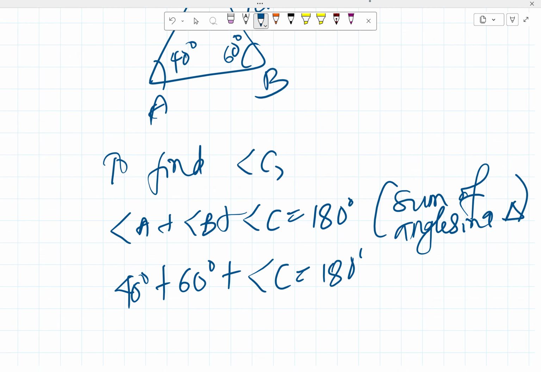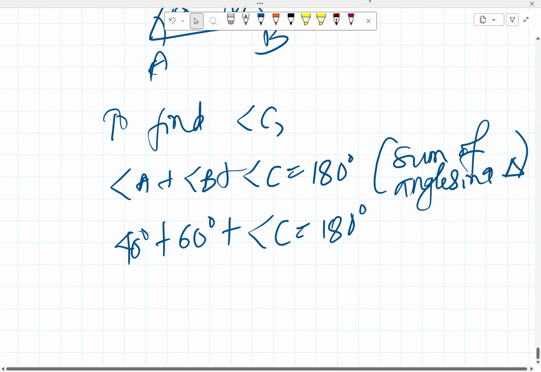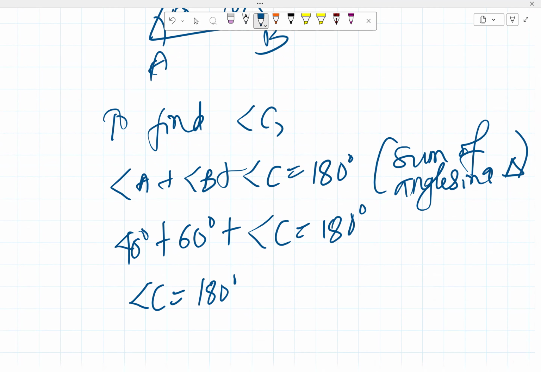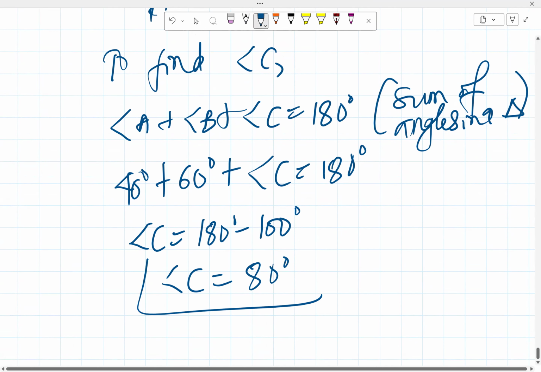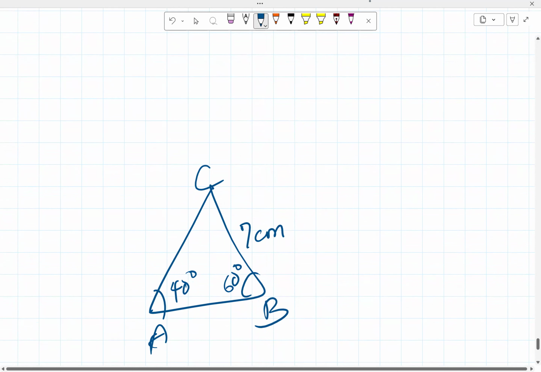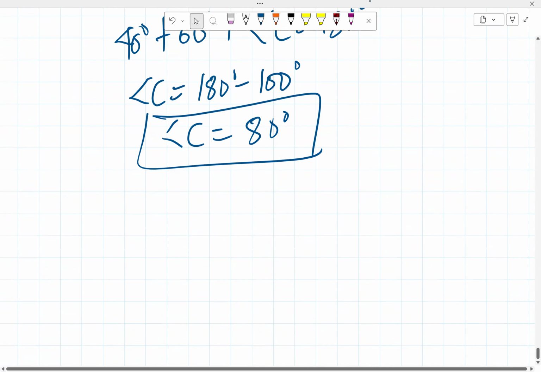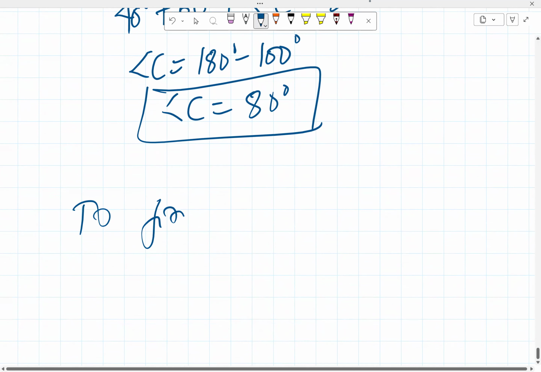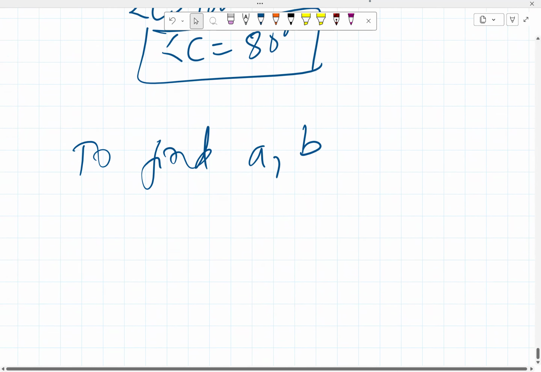Everything added together is 180. So angle C is 180 degrees minus 40 plus 60, which is 100. So angle C is simply 80 degrees. That's settled, and since you know that, you can easily find side b and side c. So we can use the sine rule now.